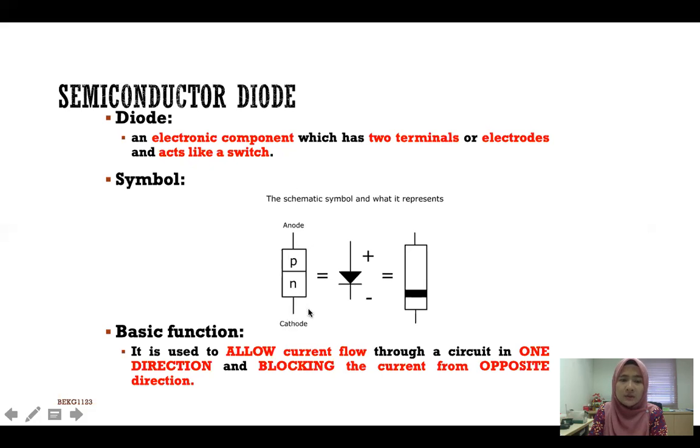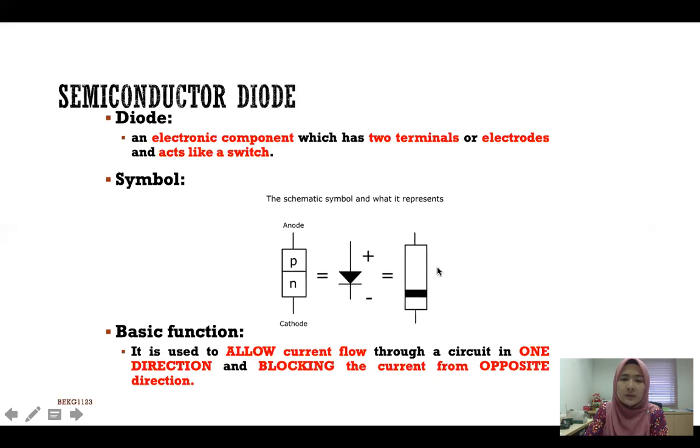This is positive, this is negative. When you draw a circuit, this is the symbol that we use. Remember, a diode has a polarity. The triangle here is positive, and the line here is negative.